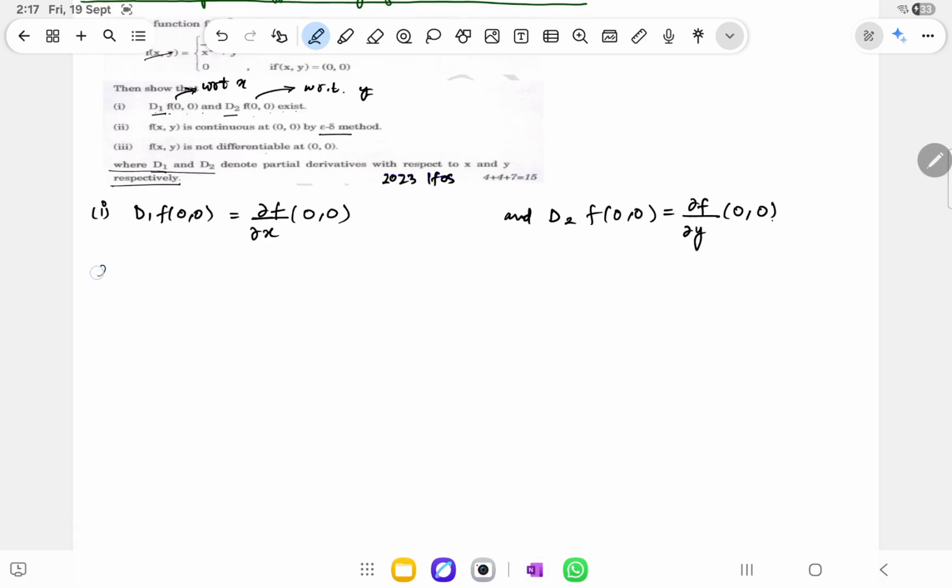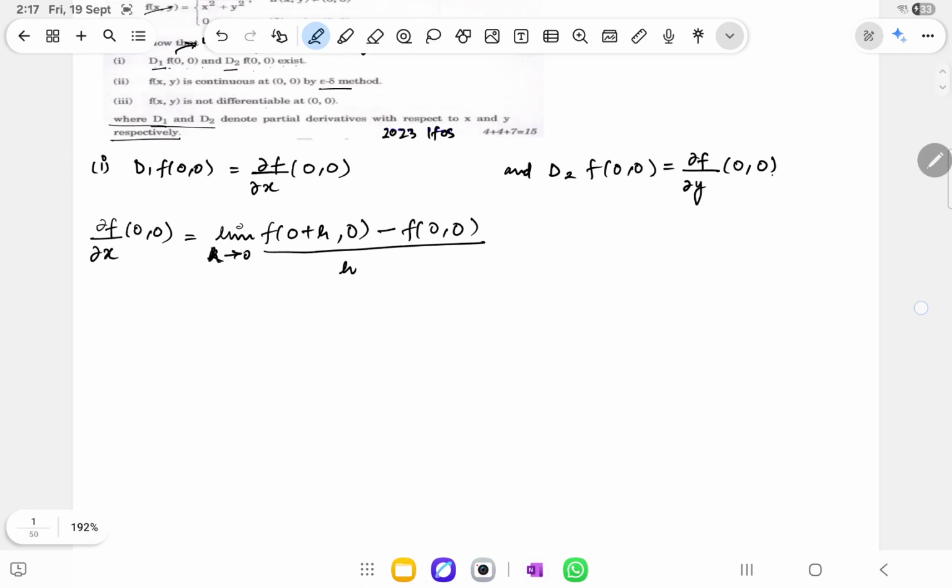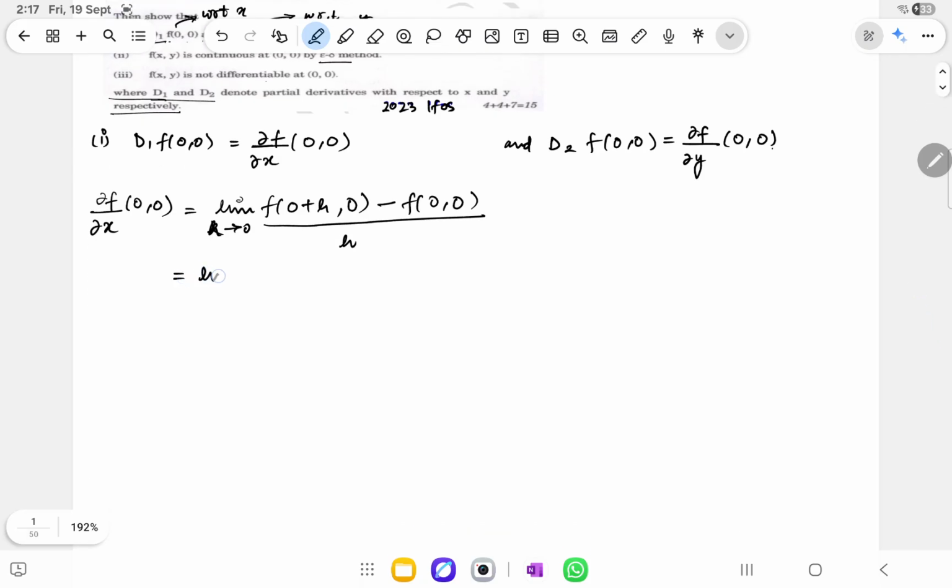The partial derivative of f with respect to x at (0,0) will be the limit as h approaches 0 of f(0+h, 0) minus f(0,0) divided by h, which is equal to the limit as h approaches 0 of f(h,0) minus f(0,0) divided by h.